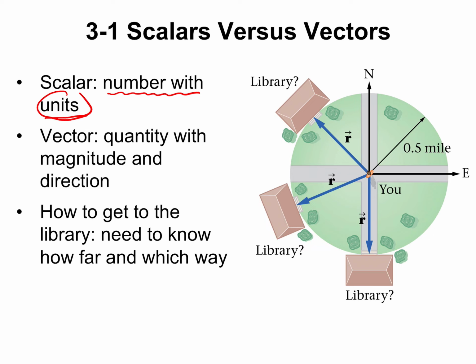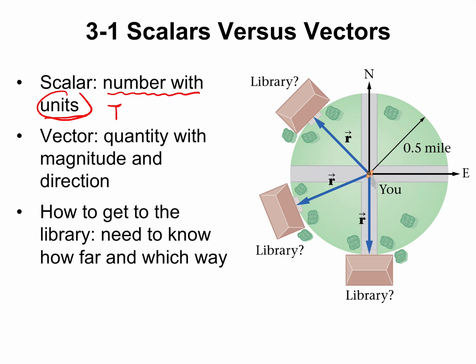Let me give you an example: temperature. T is a physical quantity. Today the temperature is about 90 degrees Fahrenheit, so there's a number and the quantity. If it's very cold, then negative 20 degrees Fahrenheit. So a negative number, just a number with a unit, right?